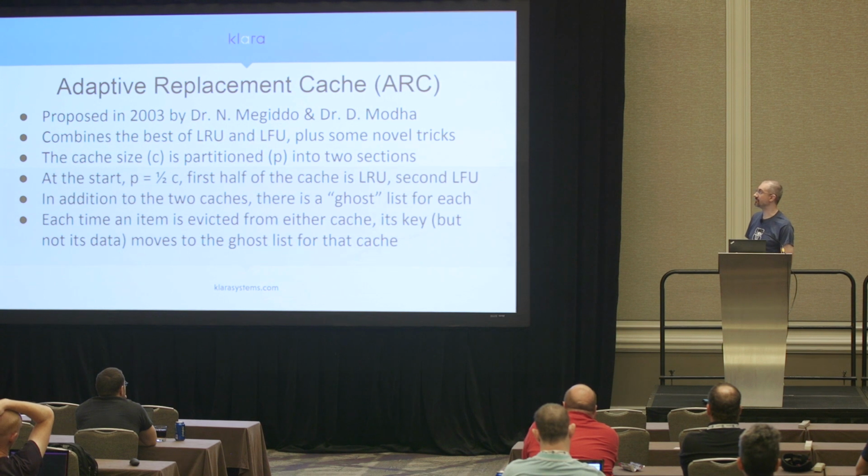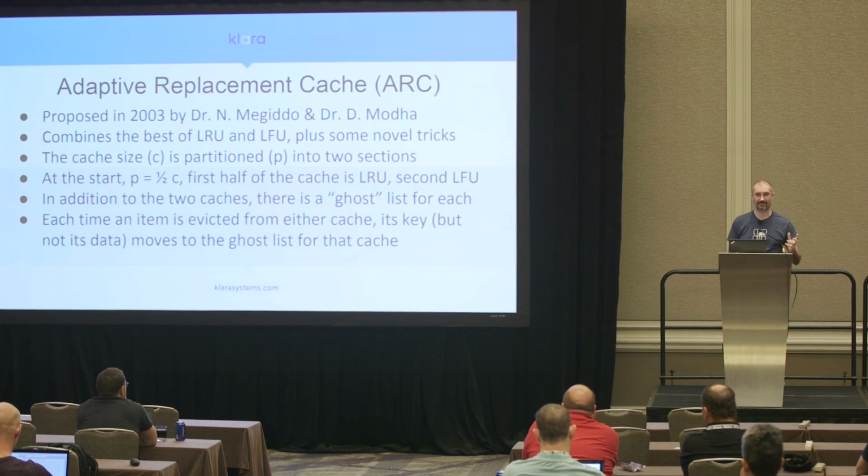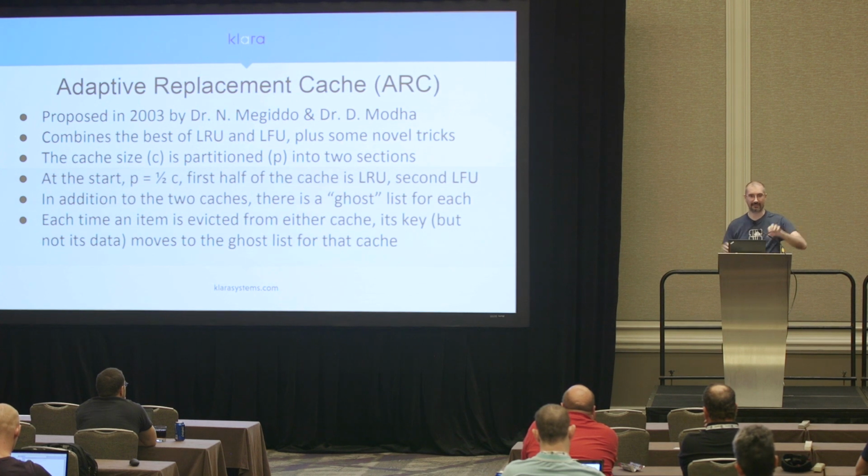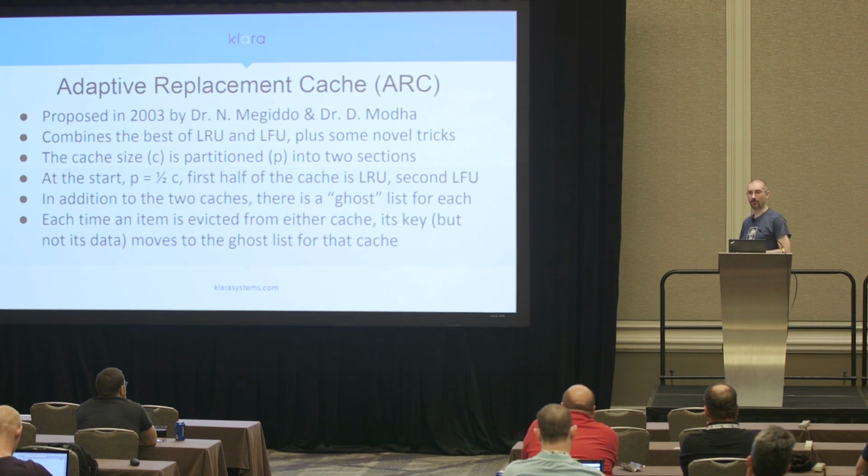So in 2003, they came up with the adaptive replacement cache. And the idea is to have both. You know, if this cache is good for some stuff and this one's good for other workloads, why not just have both? So we start with a cache of size C, and we split it in half.